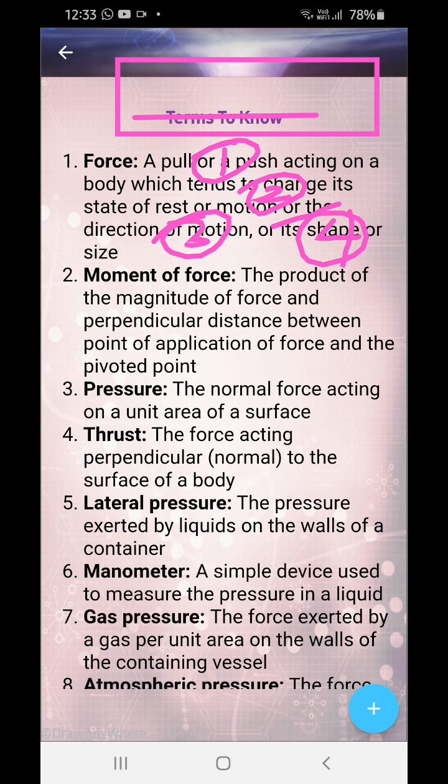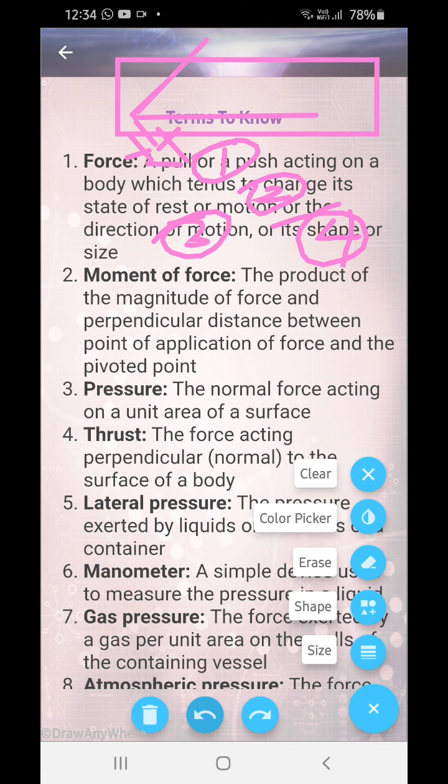Suppose the ball is moving in this direction, and then you push it, this is your leg over here, and you push it in this direction. So therefore the ball moves in this direction. So it's a change of direction, right? It's a change of the state of rest or motion.